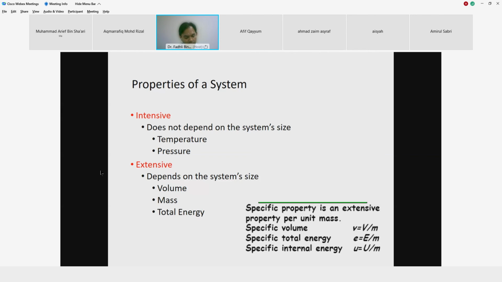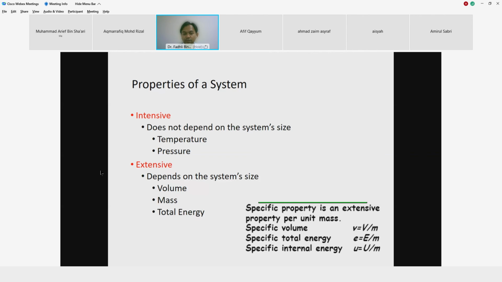The weight, the mass of your cake is 1 kilogram. A round shape cake in front of you right now, 1 kilogram of mass. The cake is your system.